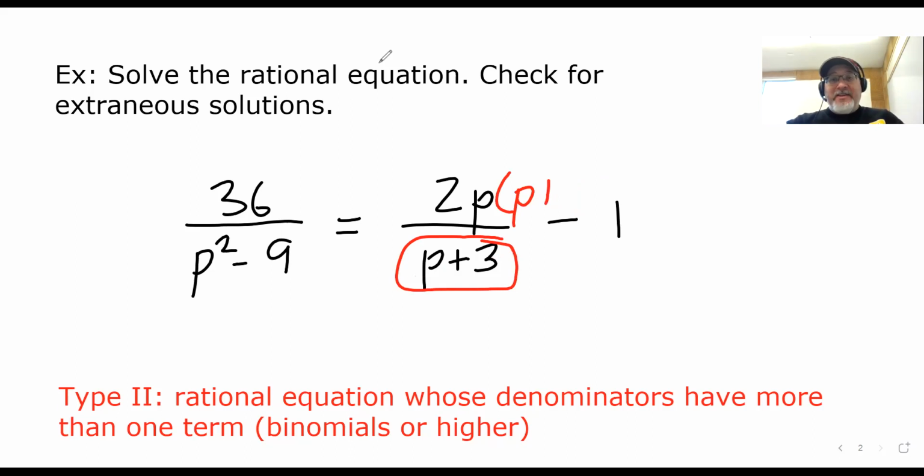And what justifies that? Well, I could write p plus 3 as part of a multiplication problem. I could write it as 1 times p plus 3, showing that the entire binomial, the entire p plus 3, can be viewed as part of a multiplication problem and therefore can be canceled out in its entirety.